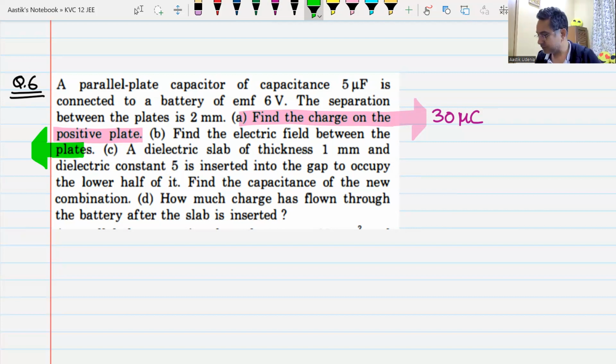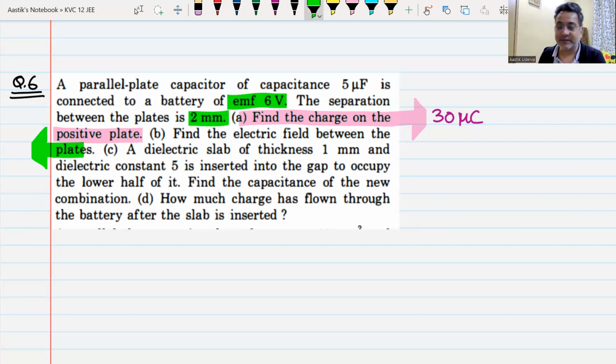15 by A epsilon naught. A is not given. The voltage is given.